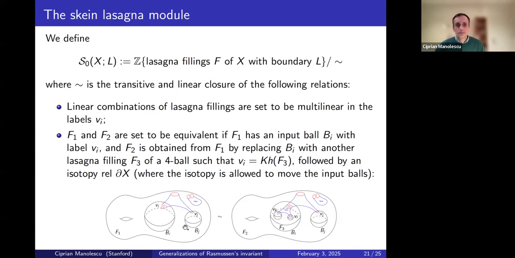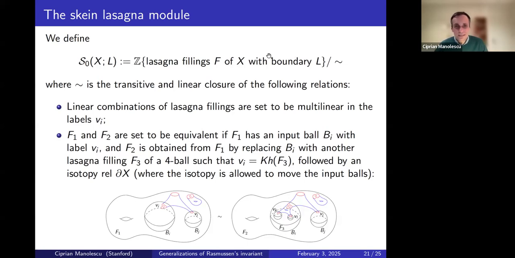Basically you can think of this as some sort of skein module, but at the level of homology groups. You look at all possible fillings, and then you divide out by all the local relations. Instead of skein relations, you have cobordism relations on Khovanov homology. You divide and you get this.